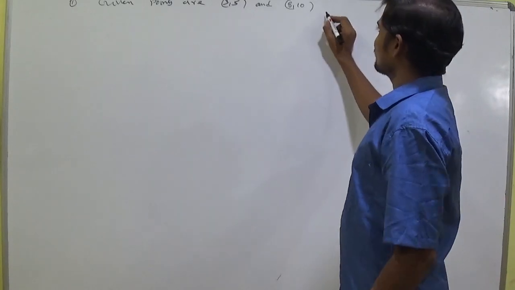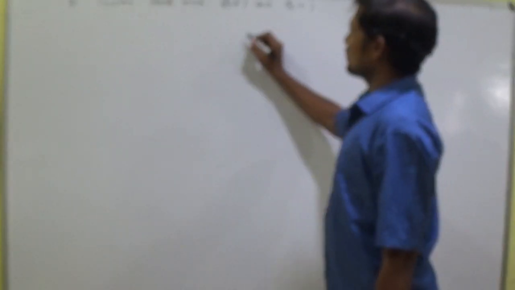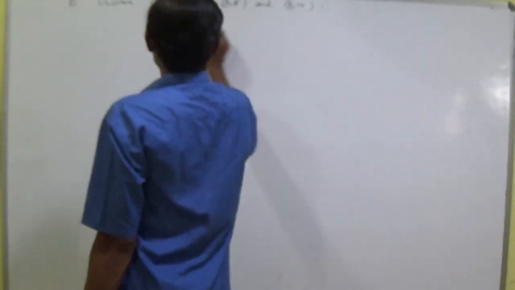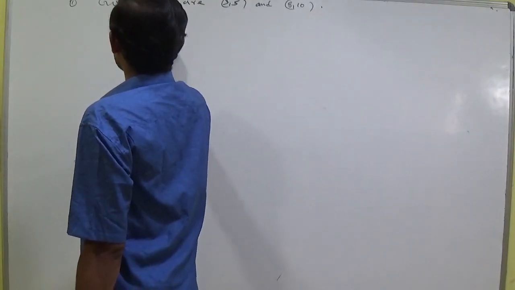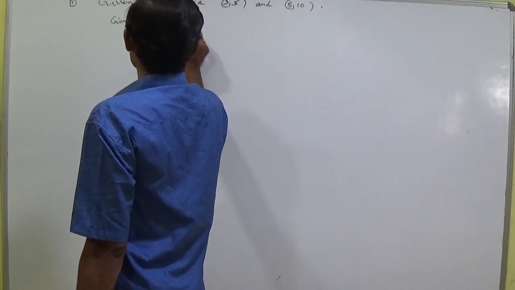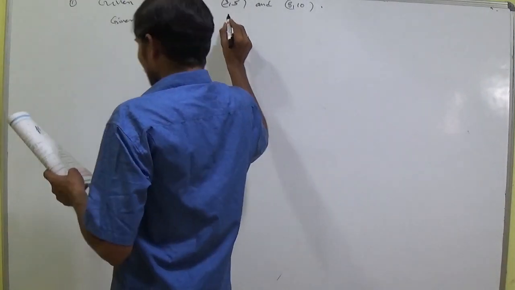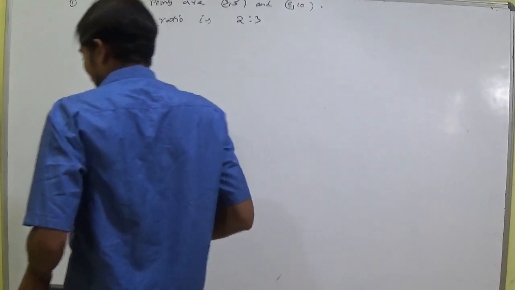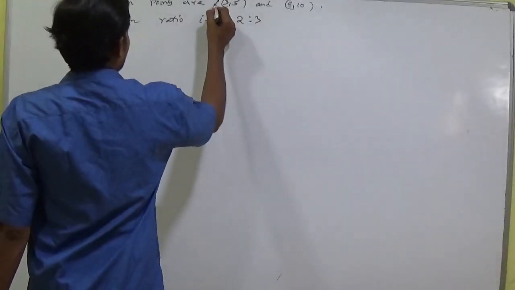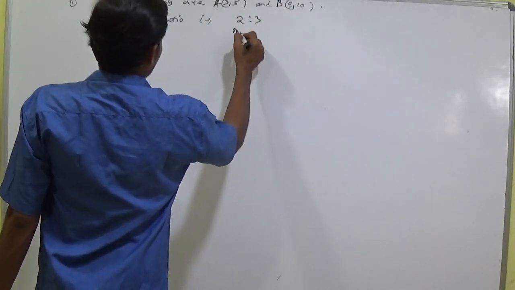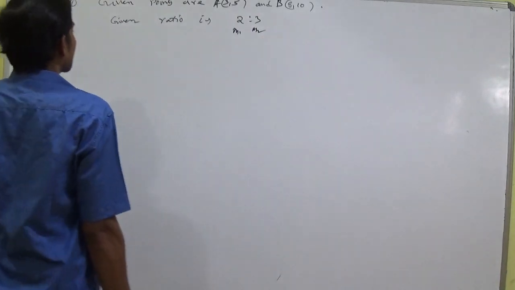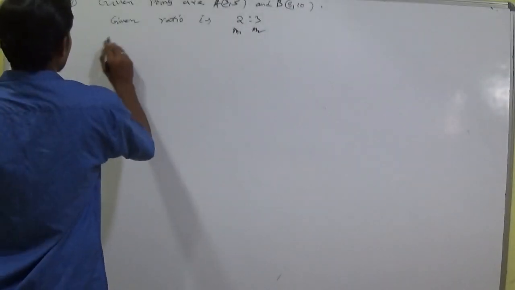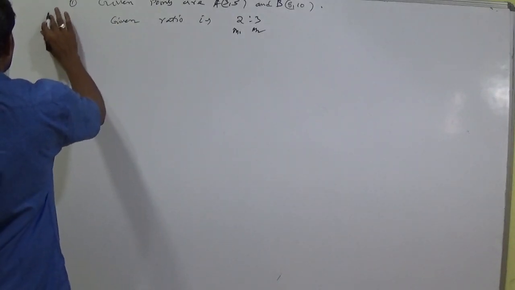The given ratio is 2:3. The dividing point we need is P. Given points are A and B, ratio m1, m2. Find the point which divides the line segment joining them internally.